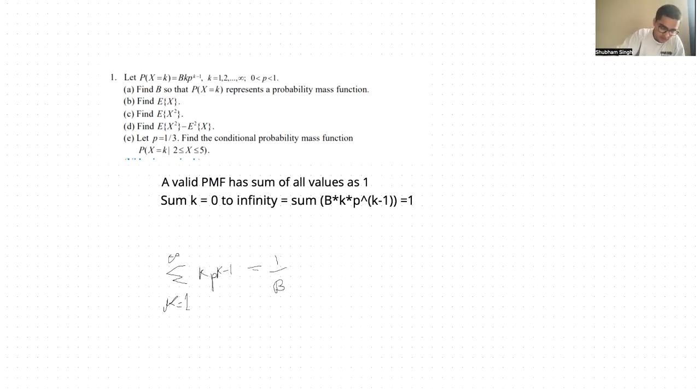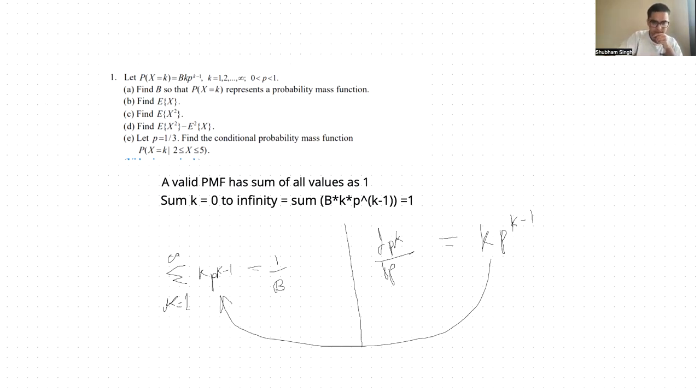We also know that the differentiation of p raised to k with respect to p can be written as k p raised to k minus 1, and you see that this is just this value, right?